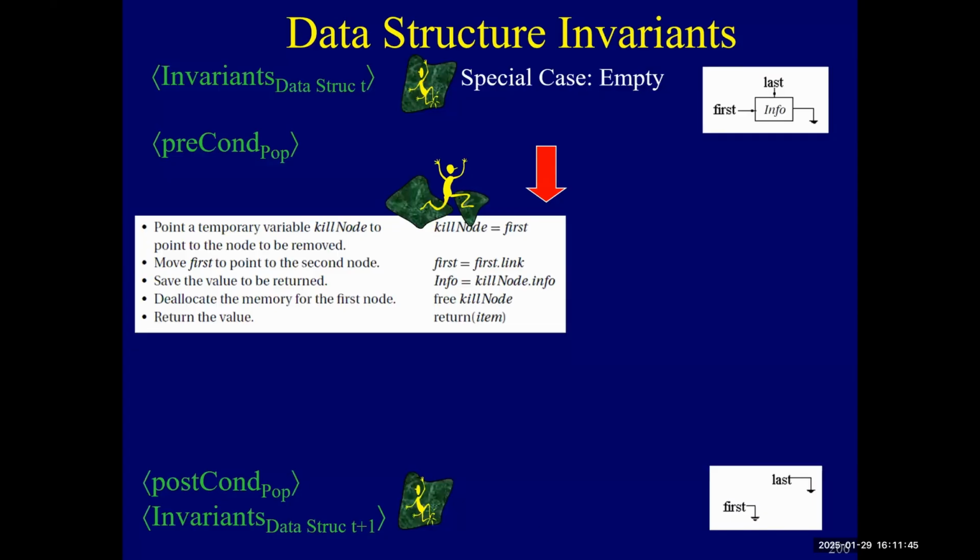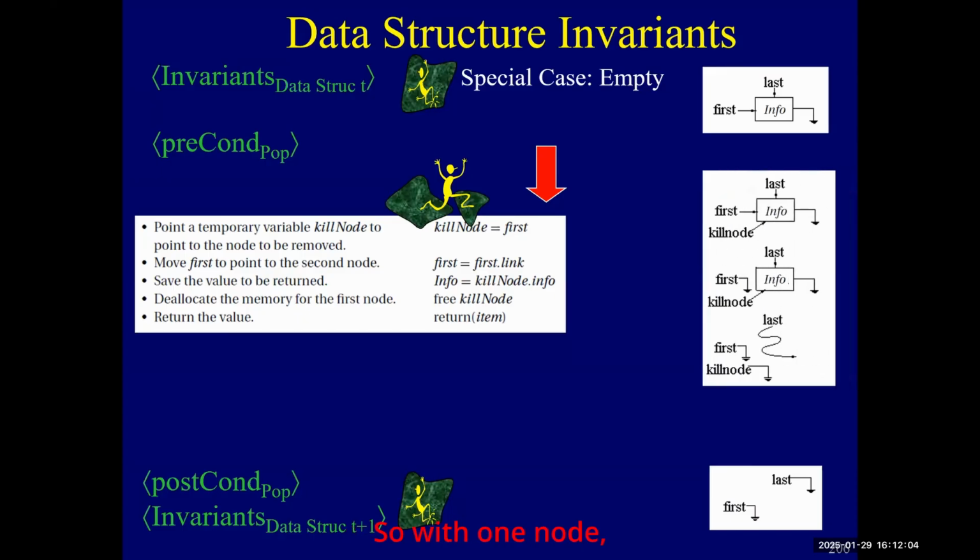All right. And now, if the stack is empty, you can throw some sort of exception, right? But if it has one node, we want to make sure that it still works. All right. So with one node, what do we do? We point kill node to the first node.